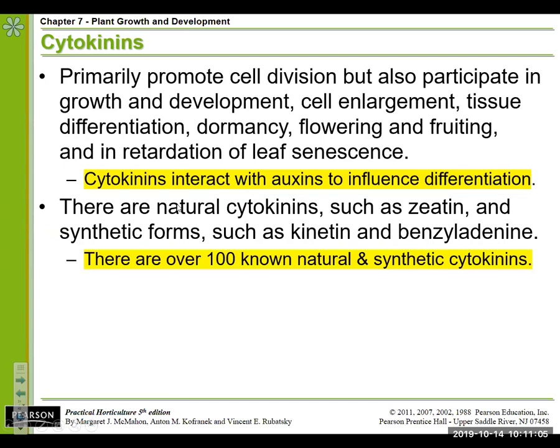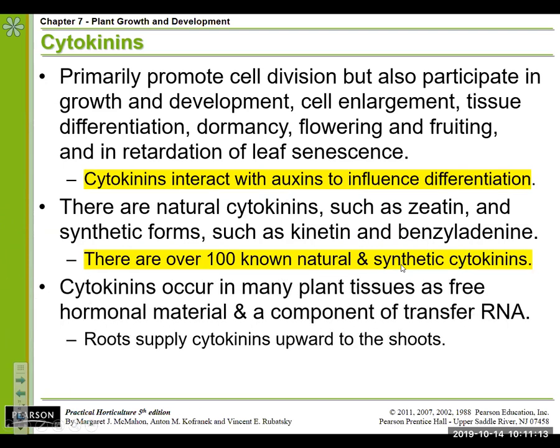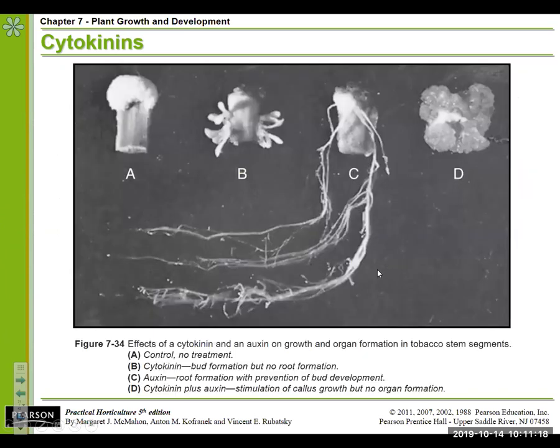There are several natural and synthetic cytokinins out there, over 100 now that are known, and they occur in many different plant tissues. So here's just an example of the effects of cytokinin and auxin, and in this case we're looking at a tissue culture. On the left we have a piece of the plant. Tissue culture is kind of cool because you can theoretically use just one cell of the plant and apply the different hormones to get them to grow shoots or roots.